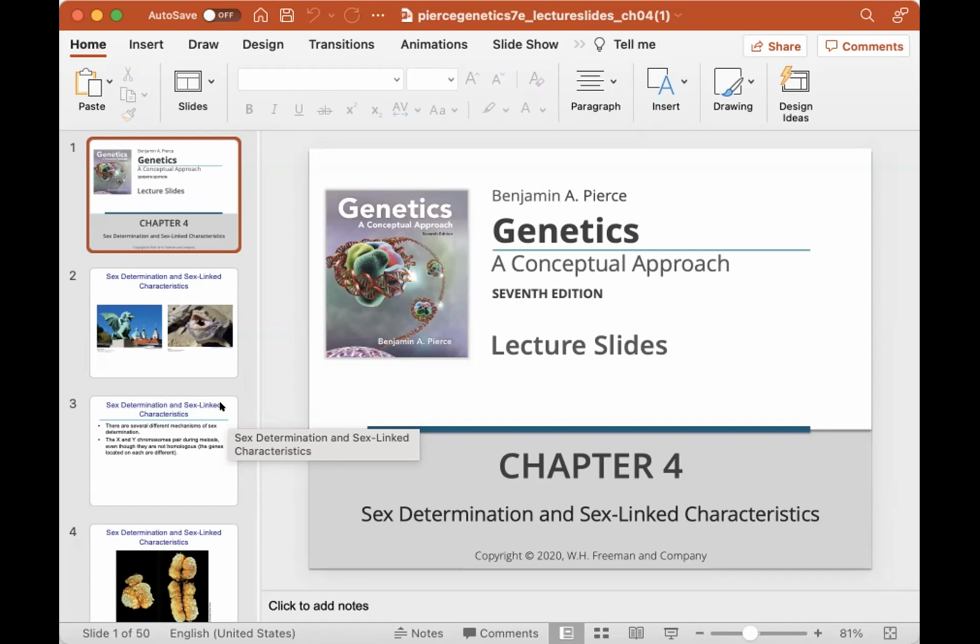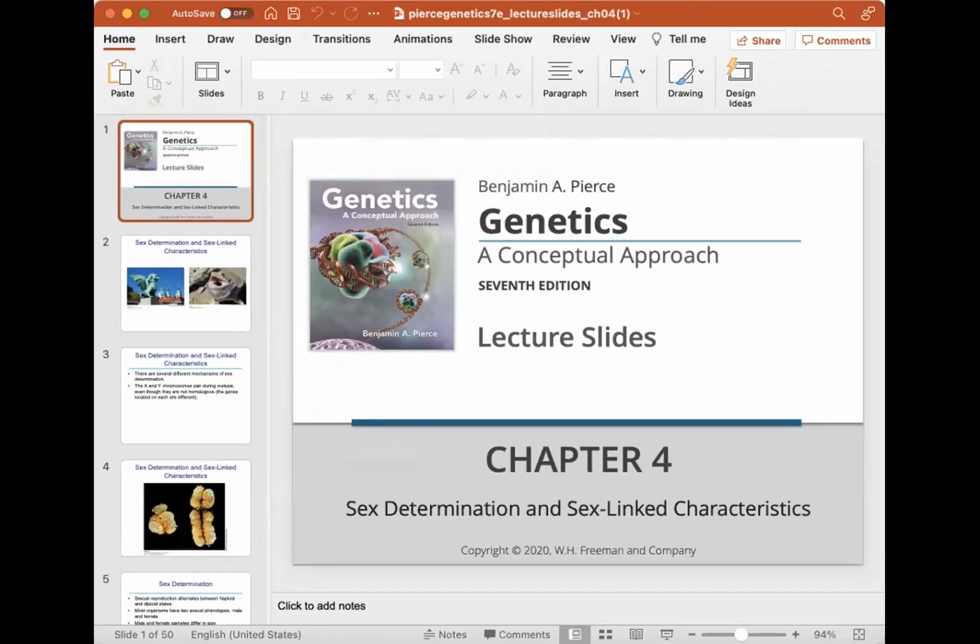Then if she has a second baby and the second baby is Rh positive as well, then her antibodies can attack the second baby's blood and result in a bunch of complications, but that won't be on your exam. I just thought it would be something interesting to throw in.